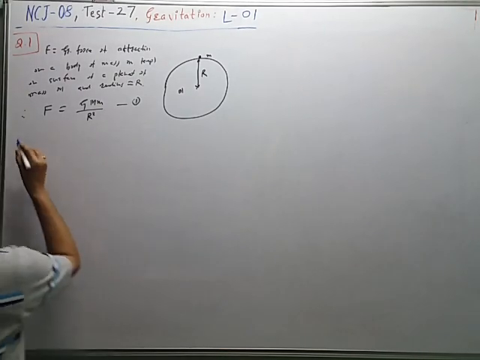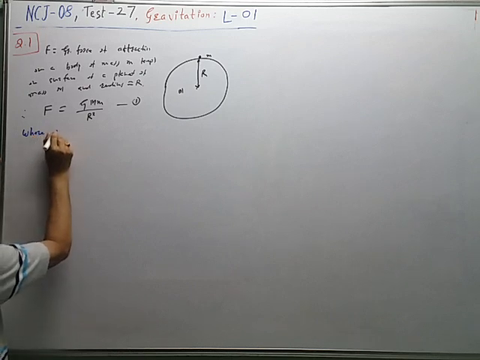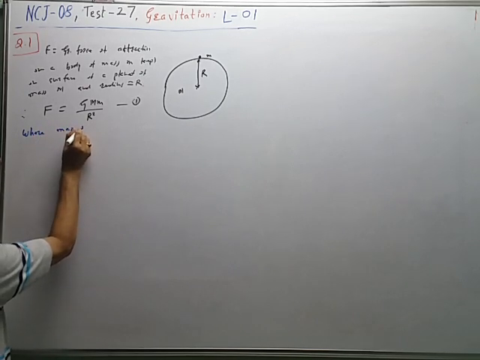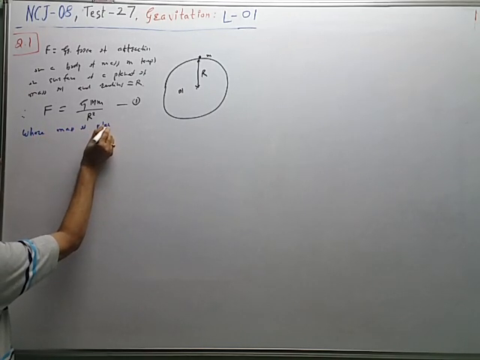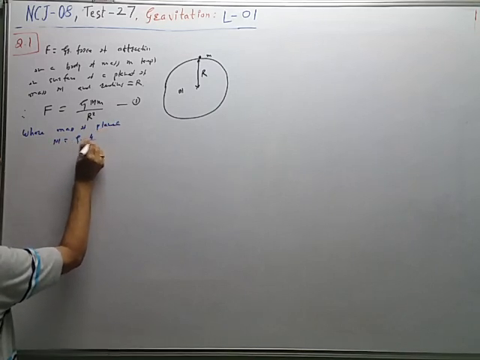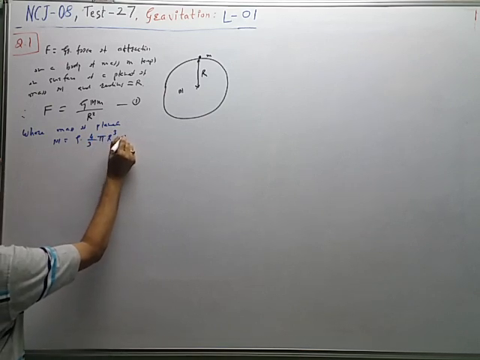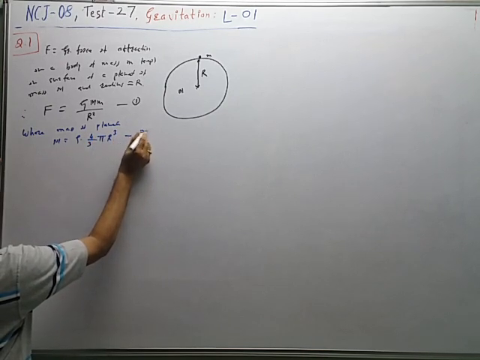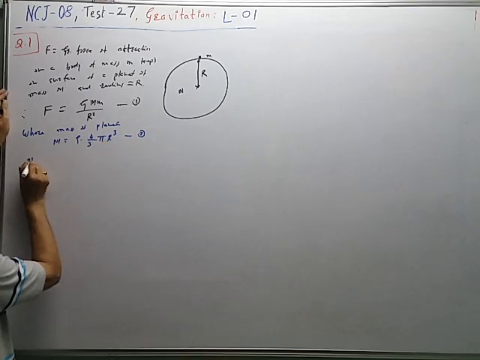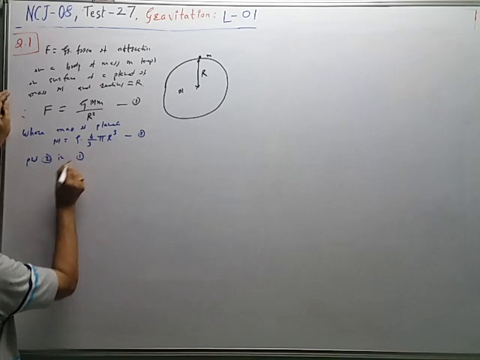Where mass of the planet M is equal to rho multiplied by 4/3 pi R cube. This is equation 2. Put 2 in 1.